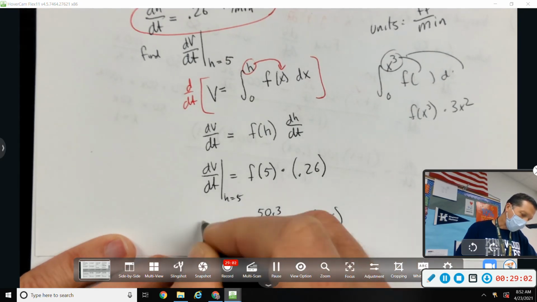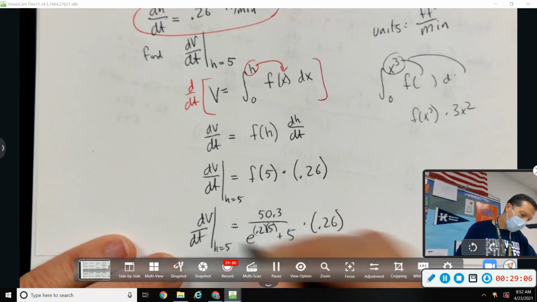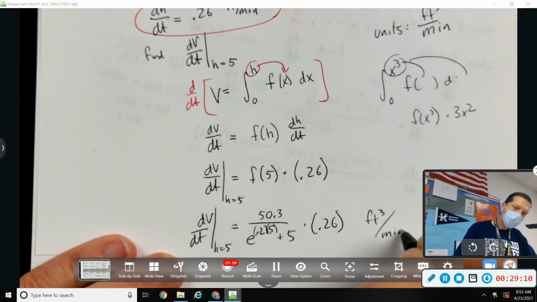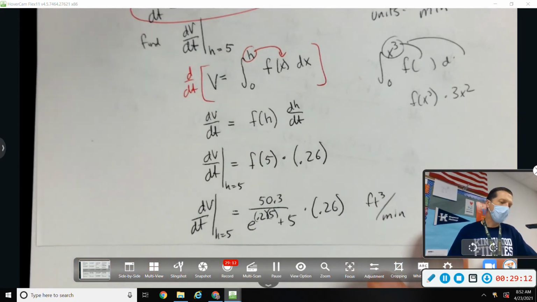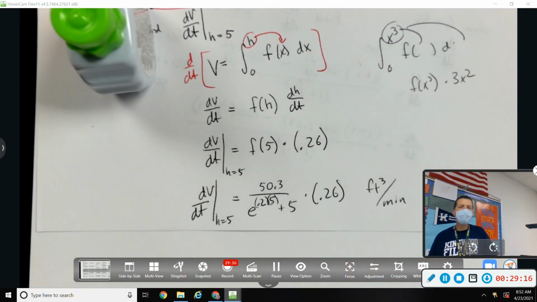I could safe stop that right there. That would be okay. We already said it was feet cubed per minute. I mean, you have a calculator, so you can find it, but even so, that's a safe stop. It's calculator ready. Hello, Mr. Grader. If you want to find it, you find it. I'm not interested right now.